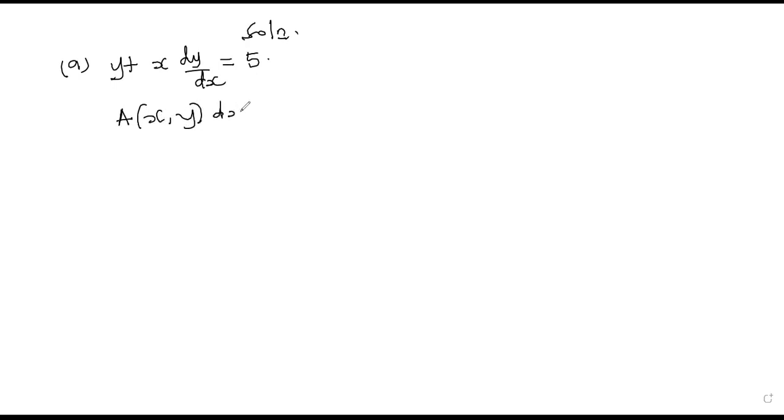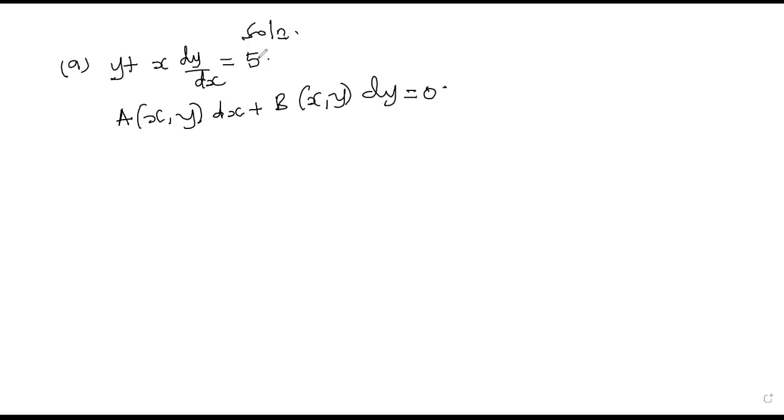Solution for part A. We have y + x dy/dx = 5. This equation must be expressed in the general form A(x,y) dx + B(x,y) dy = 0.